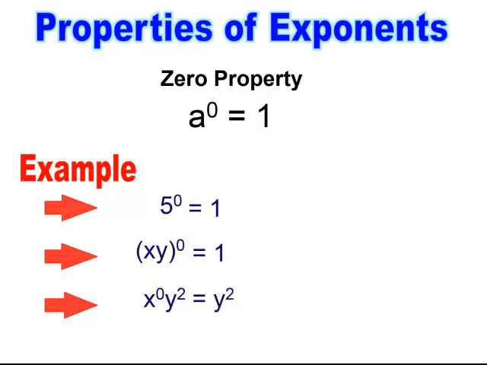So when you have something to the 0 power mixed in, the only thing that equals 1 is the base with the 0 power. And when it's multiplication, you're multiplying by 1, so you're simply going to get what you're multiplying to, which is that y squared in this case.